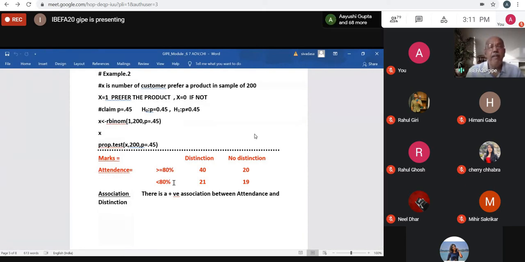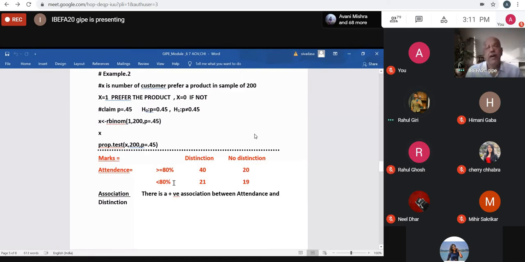What is the probability a student gets distinction? 61 upon, so upon total 100.